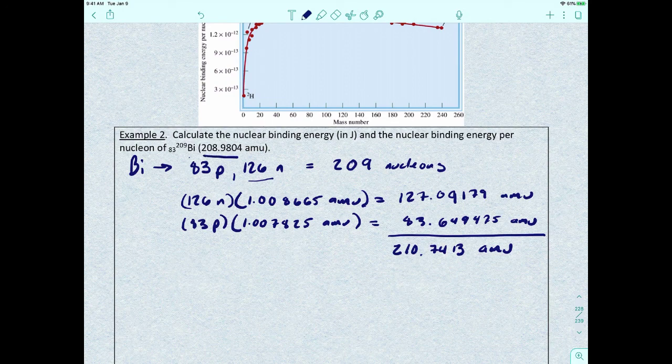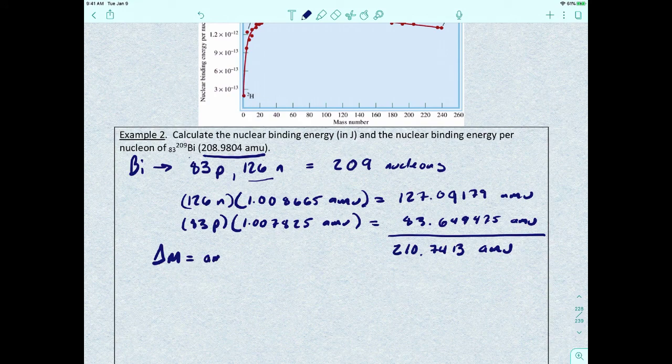But the atomic mass reported for this particular isotope is 208.9804. So there's a difference in mass, and remember that's what Einstein said: that difference is because you've got energy.